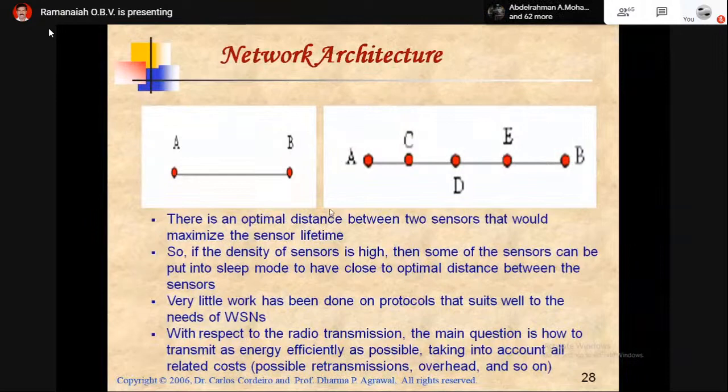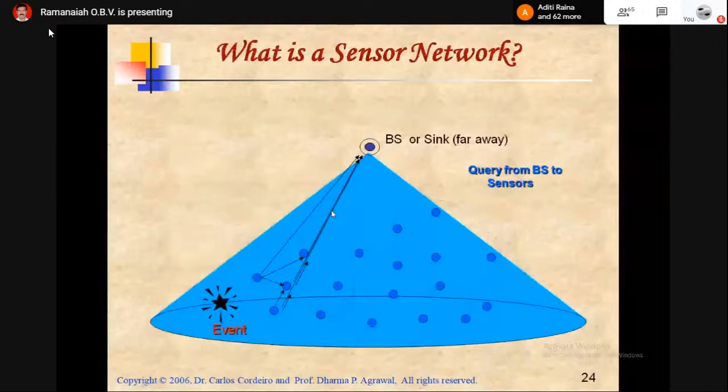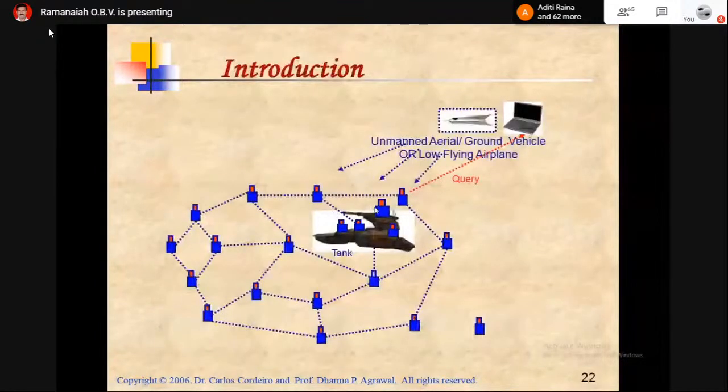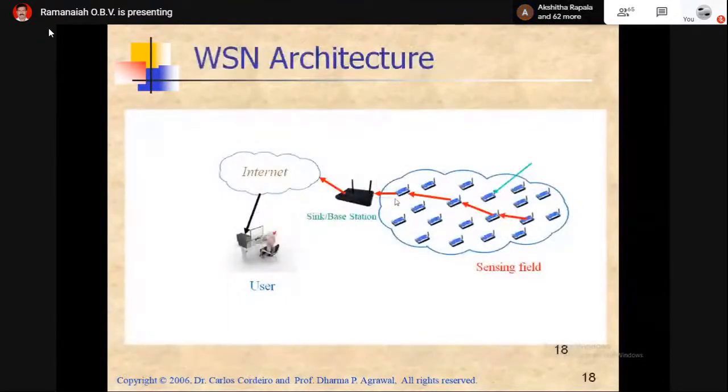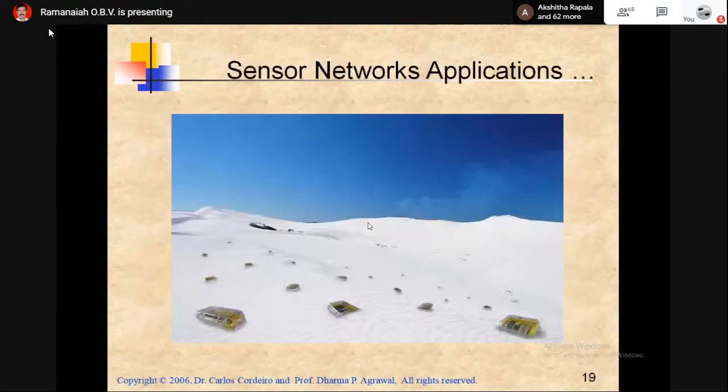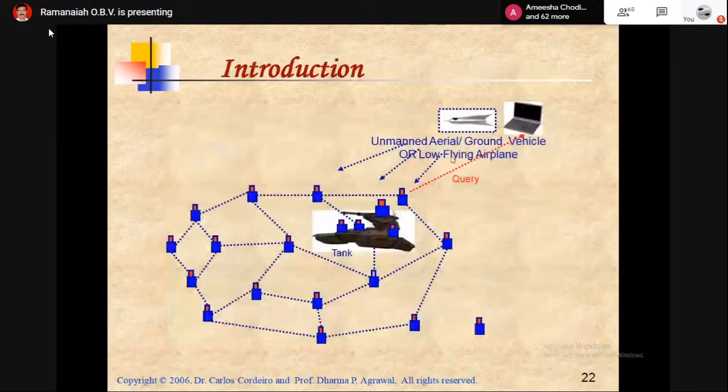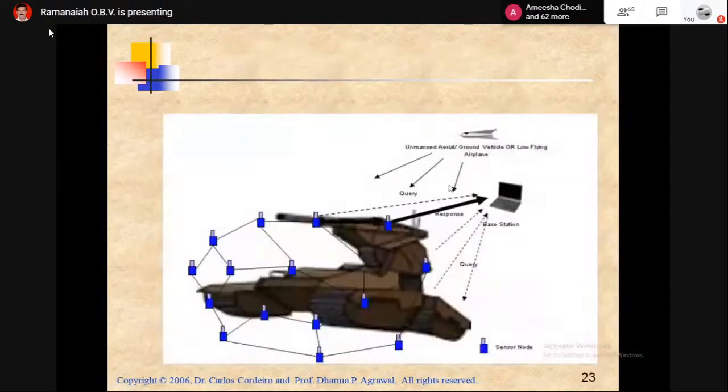When there is a question about sensor network architecture, you should give this diagram, or I gave you this one. This one is the important sensing field, and you should always indicate the two things. That is query diffusion towards sensor nodes and towards base station, the response.